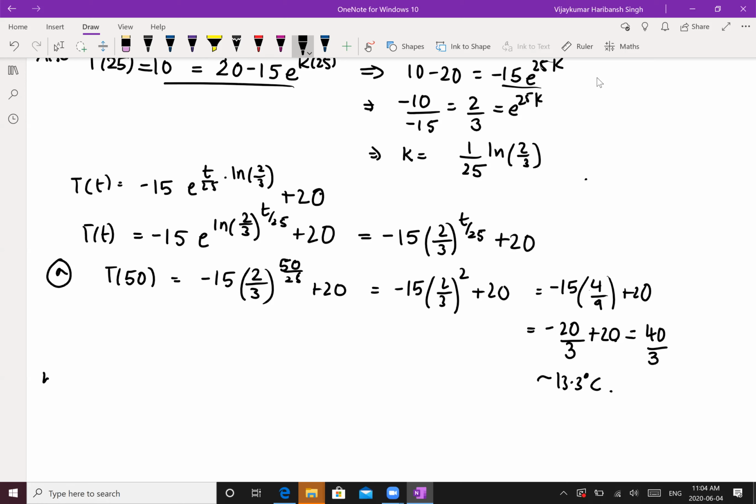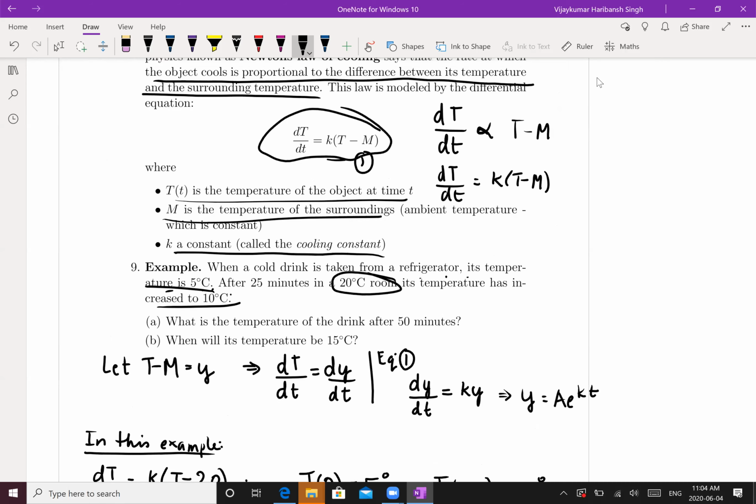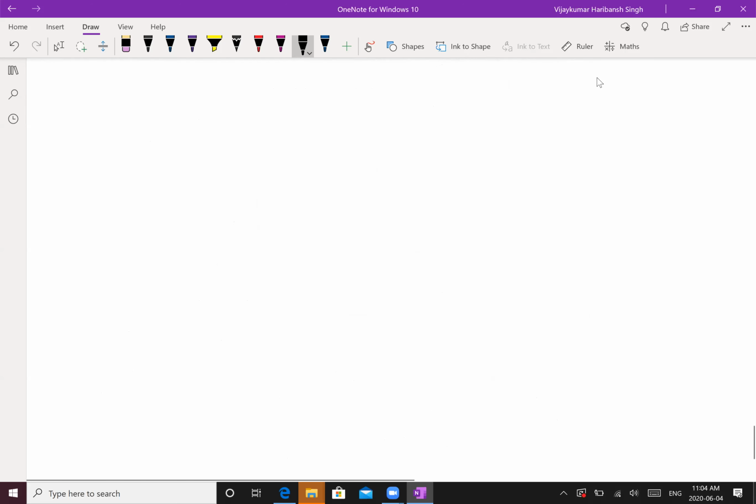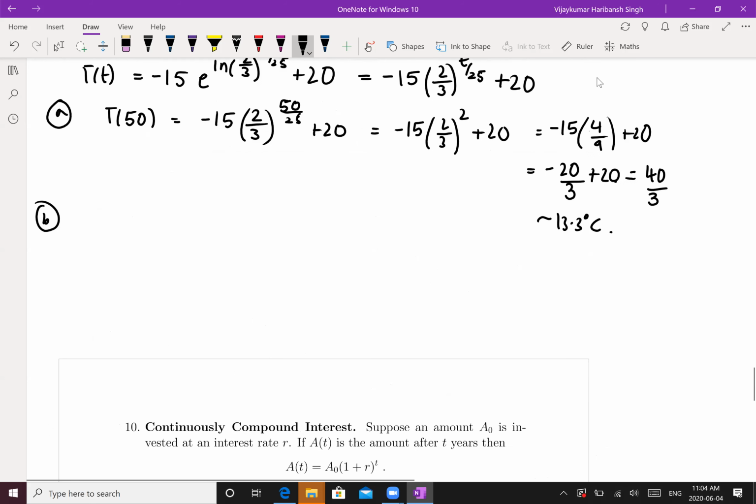Now the next question, let's look at what it is telling you. When will the temperature be 15 degrees? So let's call that T, so T of question mark is 15. So we have 15 equals to minus 15 times 2 by 3 to the power T by 25 plus 20.